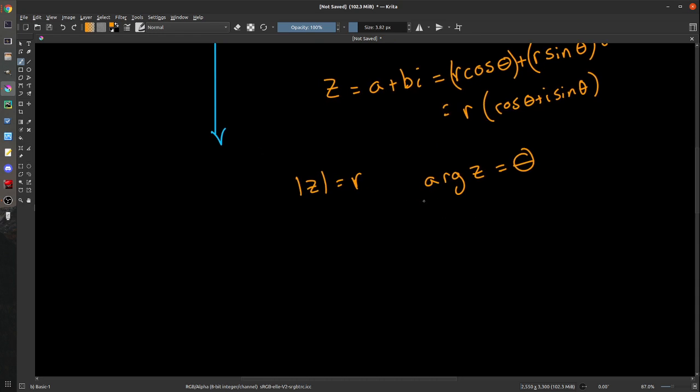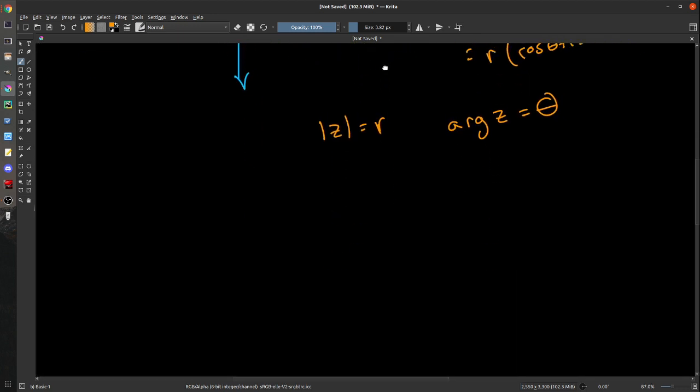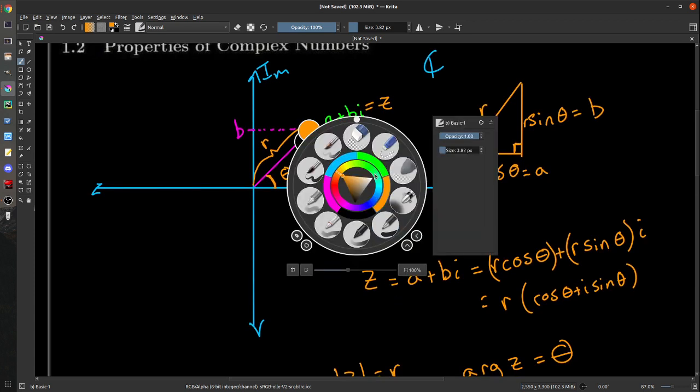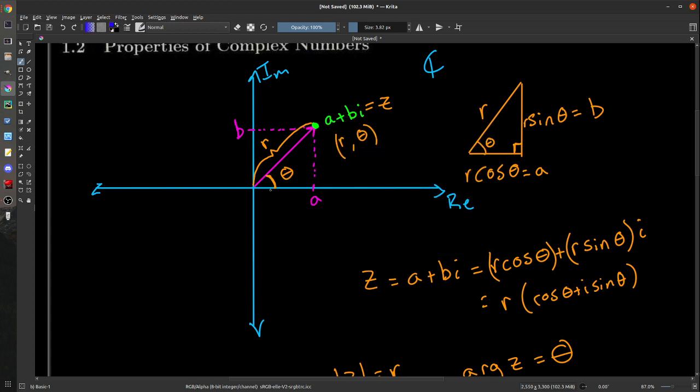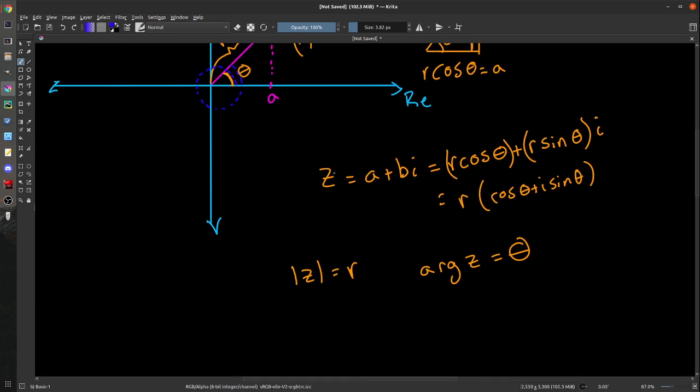While we're talking about it, it is worth mentioning that when we pick what the angle theta should be, whether we pick, here, I'll go back up to here and use a different color, maybe dark blue, whether I pick this one or if I pick, say, all the way around and then back, so theta plus 2 pi, what I want to pick for my value here, whether I pick that theta or this theta, this is called choosing a branch of the argument.